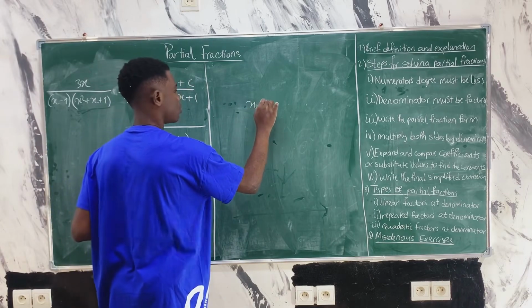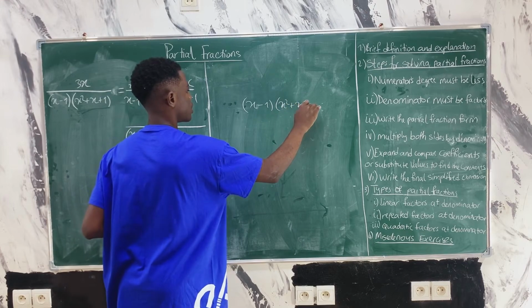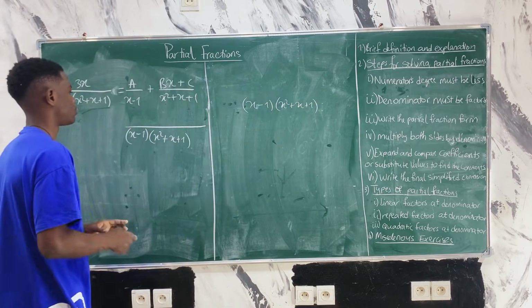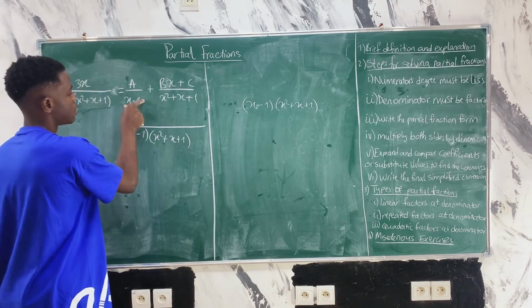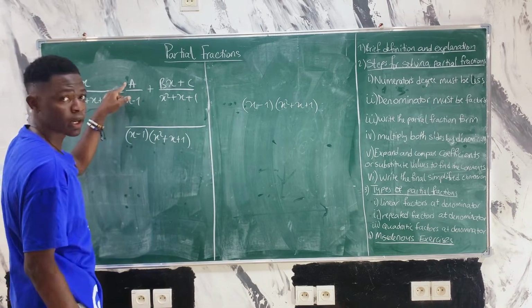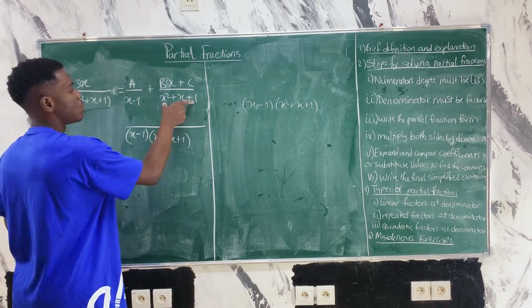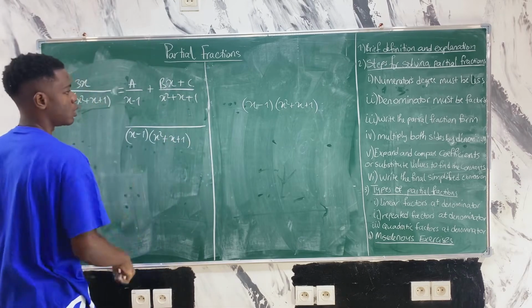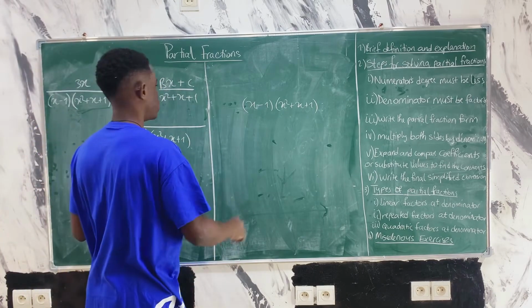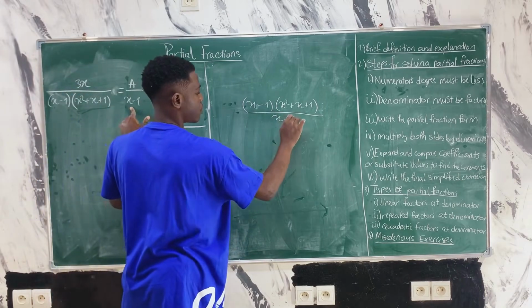You have x minus 1 into x squared plus x plus 1. We have to do this divided by this to have the answer multiplied by A to have the first expression here. You have to do this divided by this to have the answer multiplied by Bx plus C to have the second expression here. That's how we have been doing. So you do all of that divided by the denominator here, which is x minus 1.